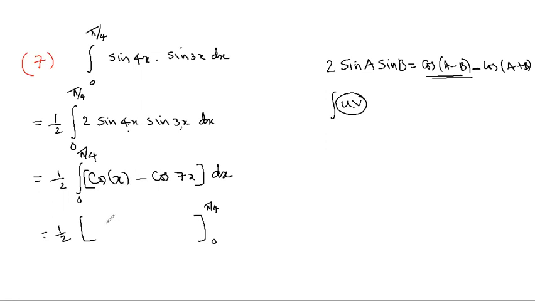So what is the integral of cos x? Sin x. Cos 7x upon 7 will come. Now wherever x is there, replace by pi by 4.